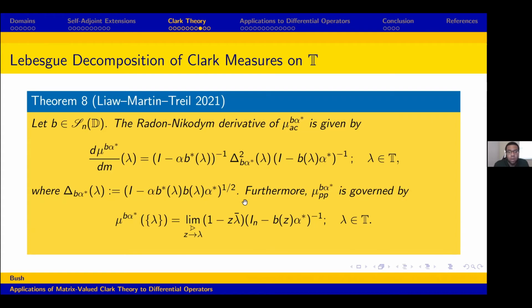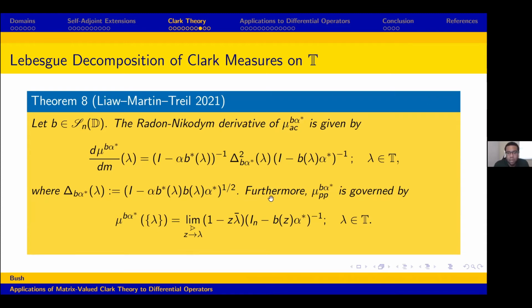One thing I'll point out is that this is non-negative definite, because if you plug it in, you'll see that you get a matrix times its adjoint, ultimately.